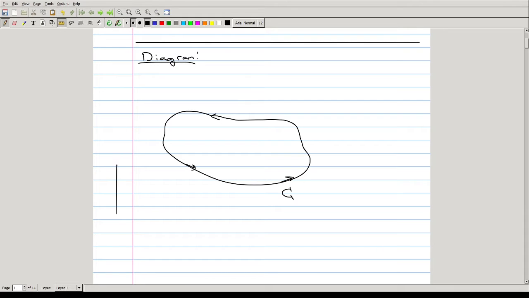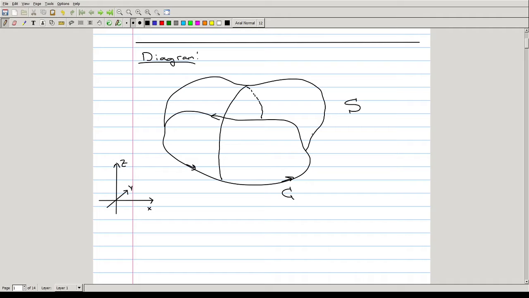and this is in three-dimensional space. And attached to that curve, we have some surface in three-dimensional space, S. And we know that on that surface we can define the unit normal vector field.